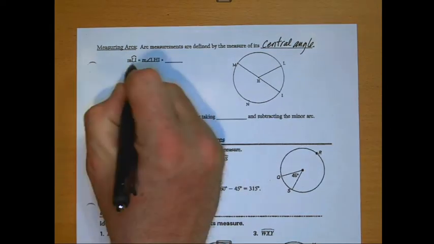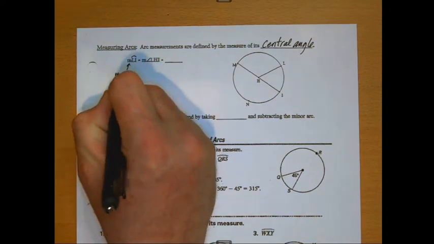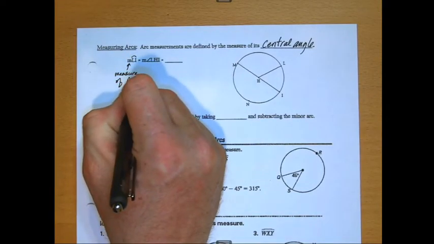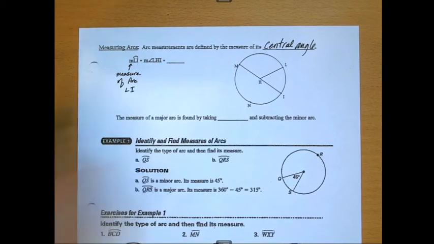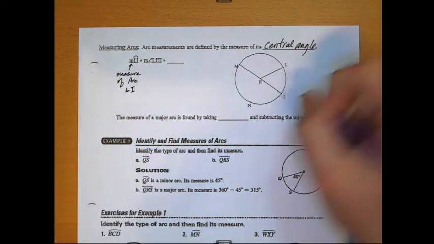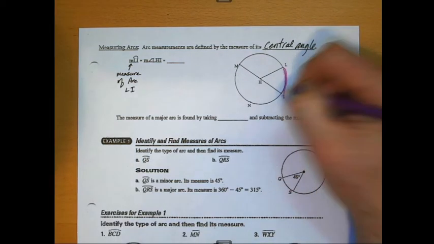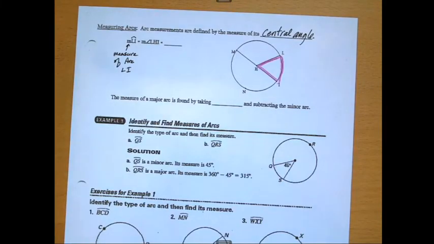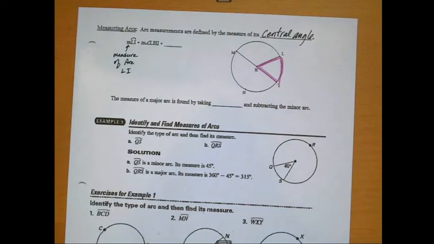So the measure of arc LI is going to be the same as the measurement of the central angle.